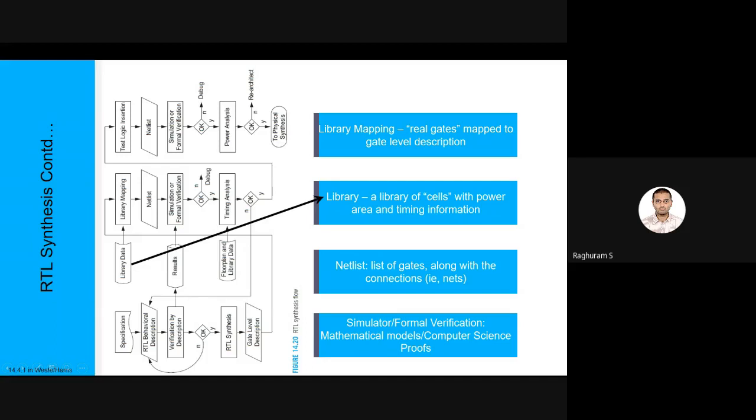So that's what this library mapping means. It takes our gate level netlist and converts it in terms of what is there in the standard cell library, and that produces a new netlist. So we are just going from one type of netlist to another, and that is this step here. And netlist again is a very common term in VLSI.